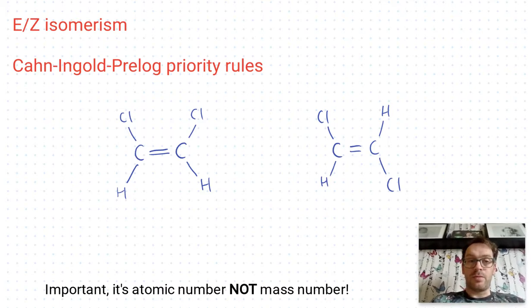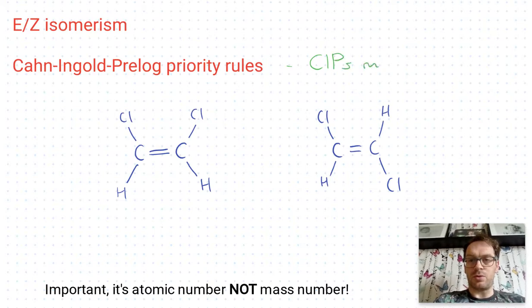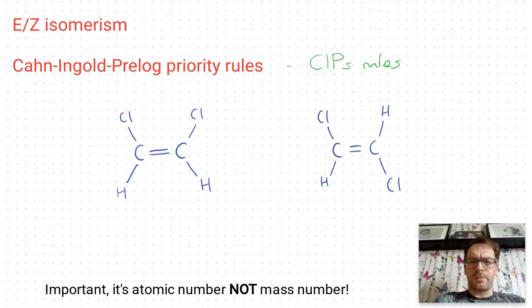In order to decide which one is E and which one is Z, we need to use the Cahn-Ingold-Prelog priority rules, which is a bit of a mouthful. So we tend to just call them the CIP rules, Cahn-Ingold-Prelog rules. So let's have a look.